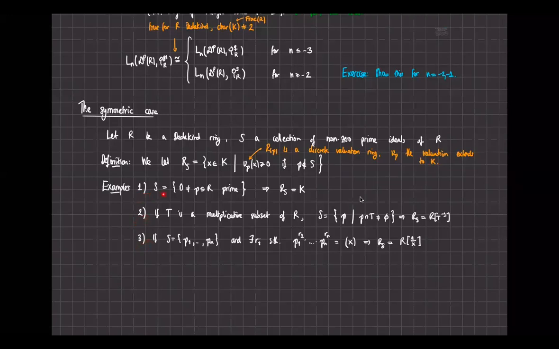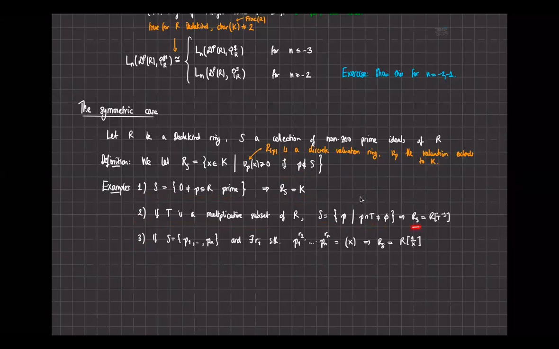Namely, if S is the collection of all non-zero primes, then this ring is just the fraction field, right? There's no condition left, so this is just the fraction field. Conversely, if T is a multiplicative subset of R, you can construct a collection of prime ideals, all those which intersect this subset T in a non-empty manner.